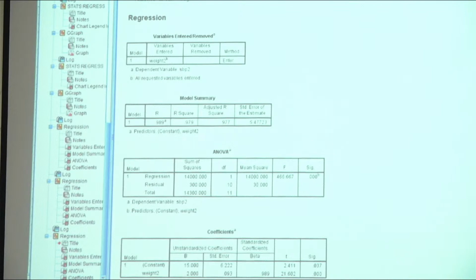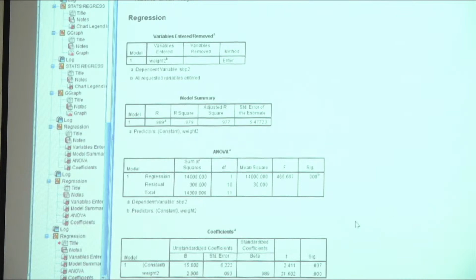You see the variable weight: the unstandardized coefficient was 2, but the standardized coefficient is 0.989. So the standardized coefficient doesn't change even if you change the unit, right? That is the beauty of the standardized coefficient.